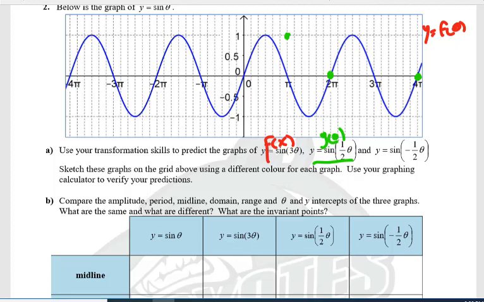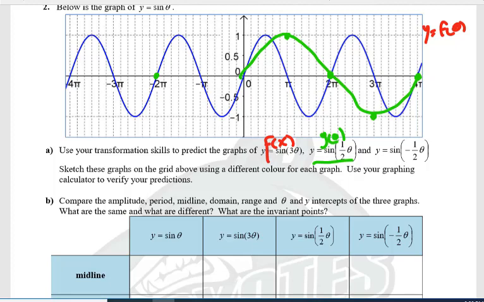This point right here, 3 pi over 2 comma 1 stretches to 3 pi. And we end up with this nice stretched curve, and we can keep going in this direction as well.